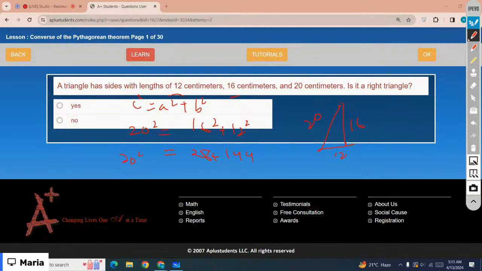Yes, both sides are exactly equal, right? When you add 256 and 144, they make 400, and 20 square is also 400. So both sides are exactly the same. That means that is a right triangle. The correct option is yes, it is.